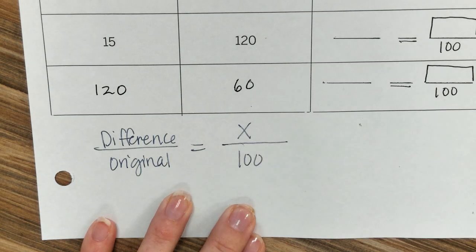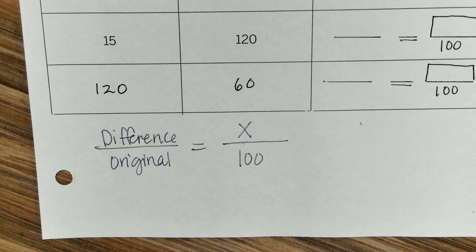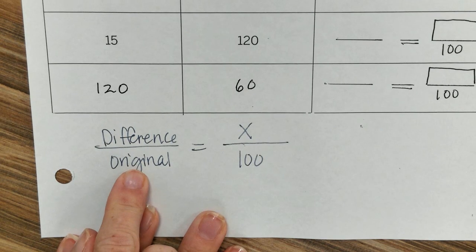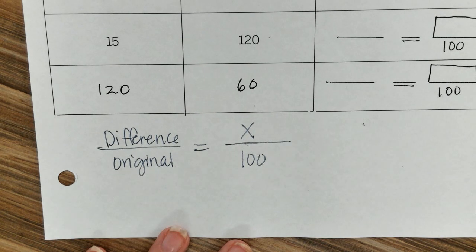Now, you are going to have to memorize this formula. You will not be given this on your STAAR chart. So you need to memorize to find percent increase or decrease: the difference in the two numbers over the original amount, set equal to X over 100. Make sense?